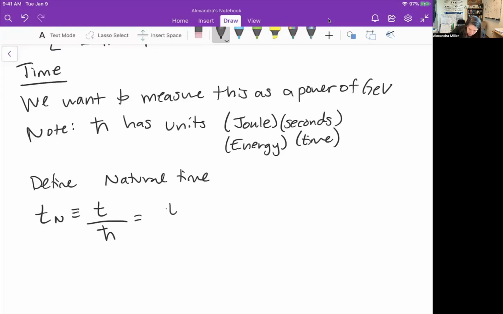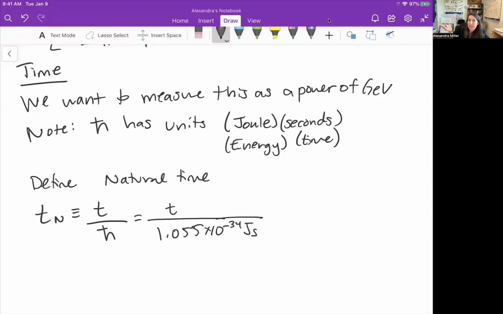So if I take t and then I plug in what h bar is, this is 1.055 times 10 to the negative 34 joule seconds. If I just plug this in, I'm going to get an answer for my natural time in units of inverse joules, which we could do.